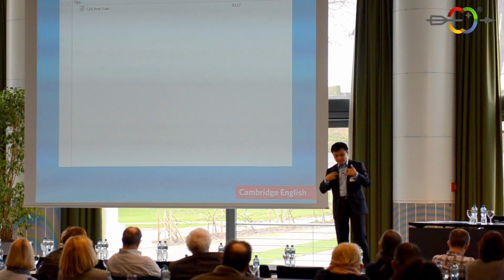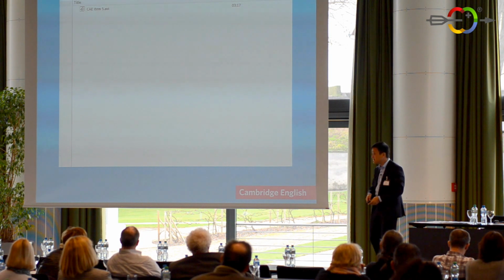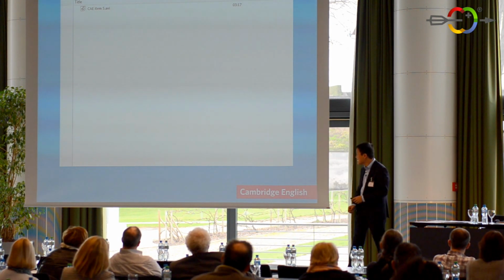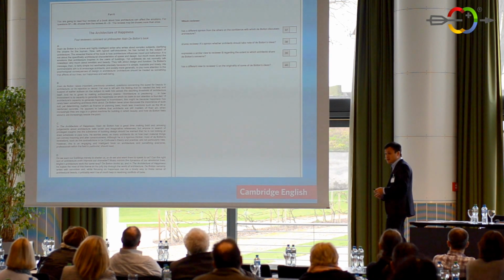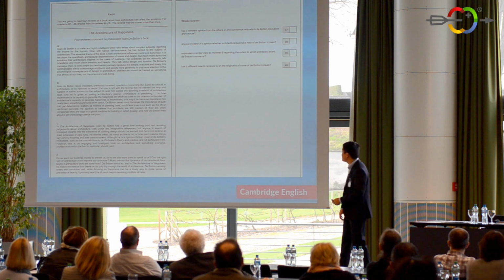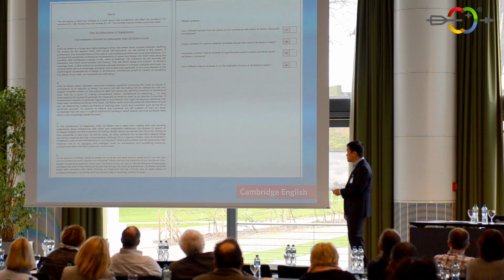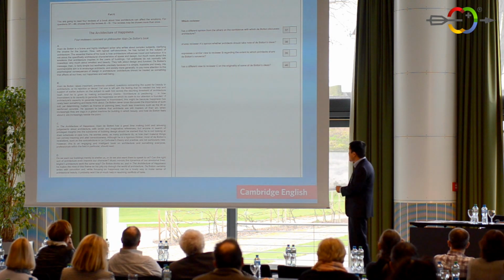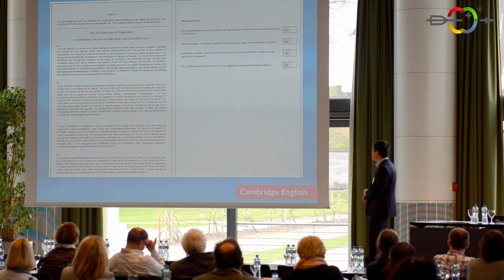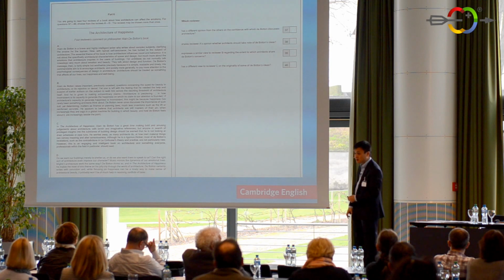Yeah? Which is why, for example, if you look at this question, which is a CAE or a Cambridge Advanced question, if you look at the CAE from 2015 on, we have a part 6 of reading, I believe this is, which gives you several different texts. And then the question is, which reviewer has a different opinion from the others on the confidence with which de Botton discusses architecture?